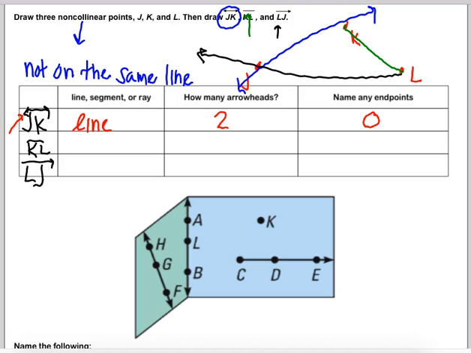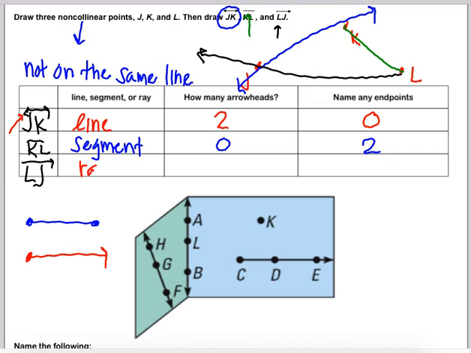Okay, the next one says segment KL, so let's put in segment. And remember, a segment starts and stops, so it has 0 arrowheads, but 2 endpoints. And then lastly, we have ray LJ.